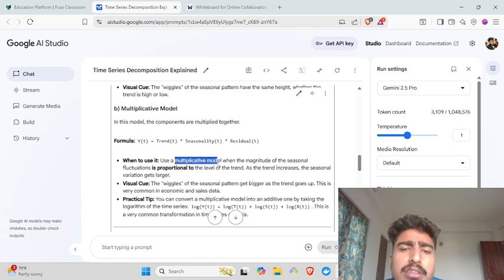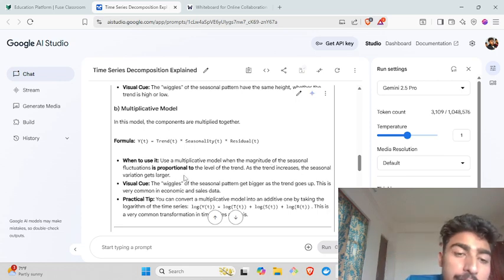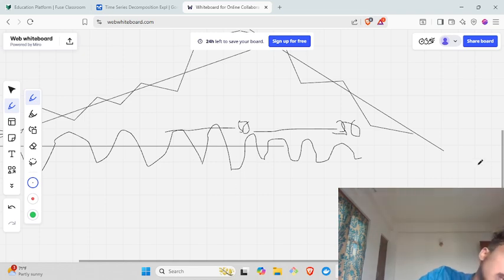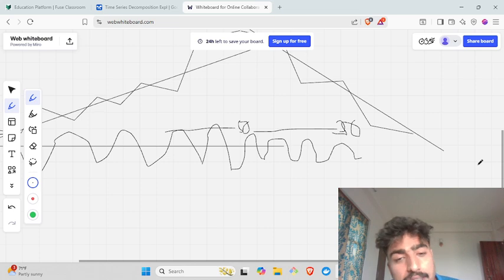When to use a multiplicative model: when the magnitude of seasonal fluctuation is proportional to the level of the trend. As the trend increases, the seasonal variation gets larger. Oh, sorry, I said that on increasing the trend the seasonality remains constant. The magnitude of seasonality is 50, and after decreasing the trend the seasonal variation comes in the range of 30.